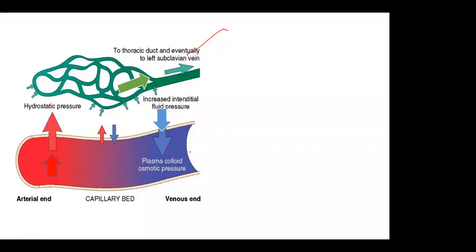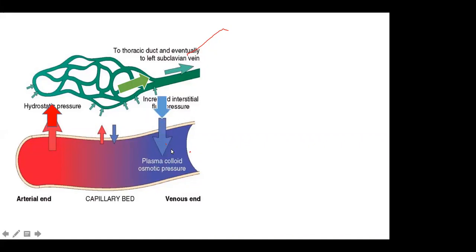The increased hydrostatic pressure will lead to a lot of fluid being extravasated outside the vessel into the interstitial area. So it is not intravascular, it's extravascular fluid. And this fluid, by the action of plasma colloid oncotic pressure, will come back to the circulation.